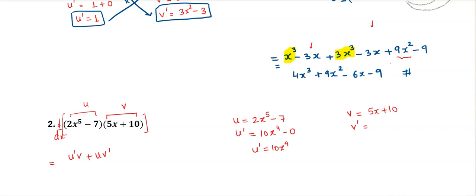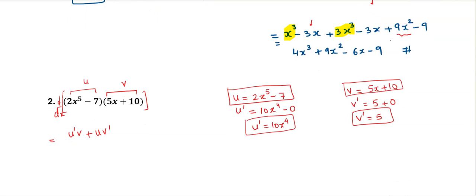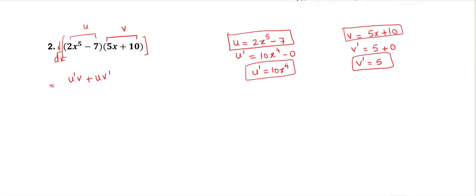Similarly, v dash. 5x gives you 5. For 10, it's 0. 10 is a constant, a number, so it's 0. So you have this as u, this as v, this as u dash, and this as v dash. Okay. Now substitute in the formula.